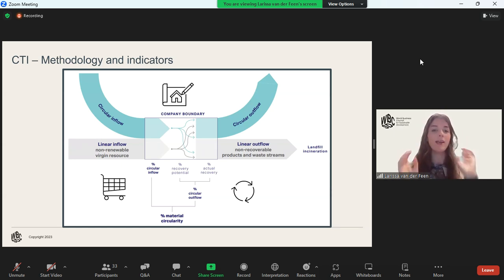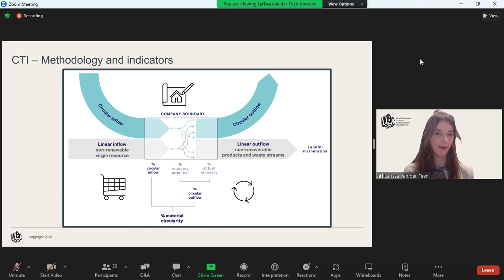Because when a company is 100% circular by this percentage material circularity, it means that they procure 100% secondary circular inflow, but also that 100% of their materials is actually re-looped back into the economy. So that's what 100% material circularity would mean, which is super hard to obtain for companies, but it's definitely a number to strive for in a very solid way that companies can measure progress towards the circular economy.